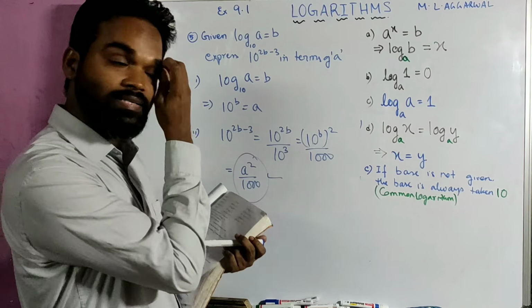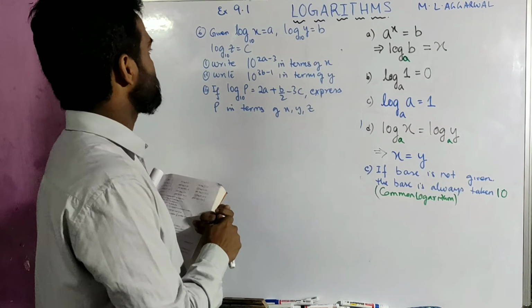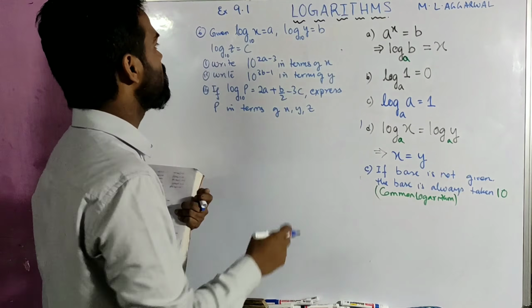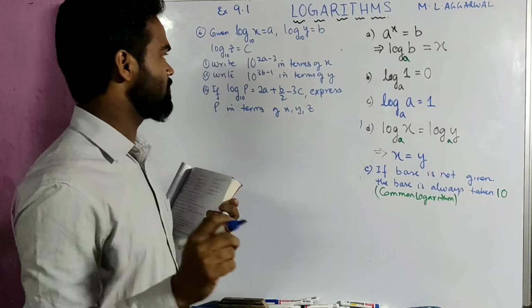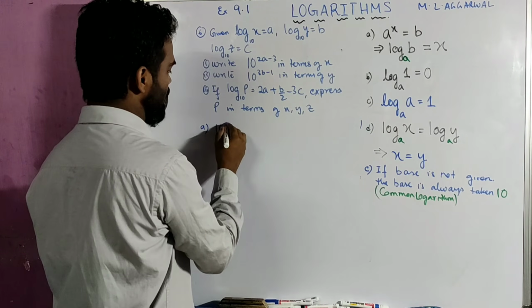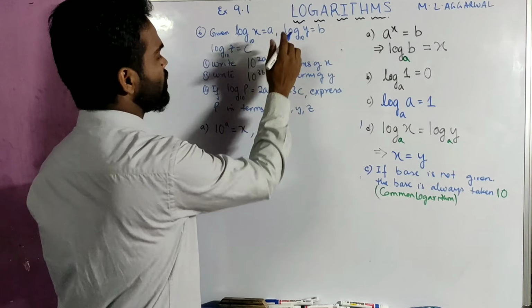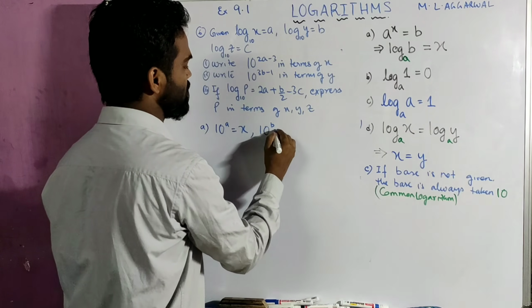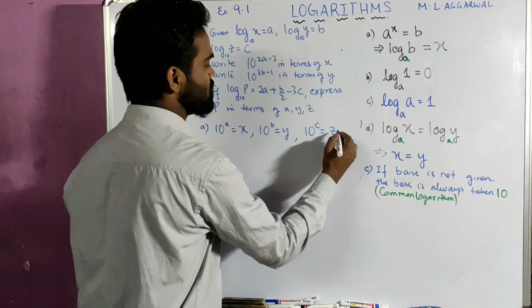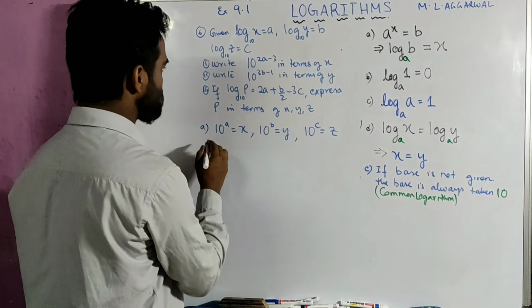Now we look at the next sum. Now look at sum number 6. Given log x base 10 is a, log y base 10 is b, log z base 10 is c. So from here we can say 10 to the power a equals x. From here you can say 10 to the power b equals y. And from the last one we can say 10 to the power c equals z. Now look what they have asked.